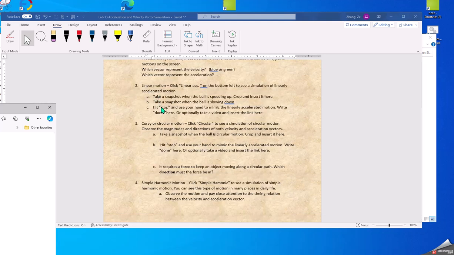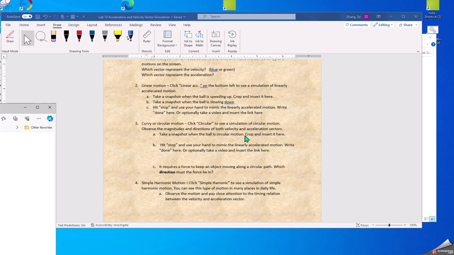Number 2: the acceleration and the velocity are linear, inline or opposite, but at least in the same line. But number 3 is the curvy or circular motion. Click the circular motion, see a simulation of the circular motion. Observe the magnitude and direction of both velocity and acceleration vectors. Take a snapshot when the ball is in circular motion.